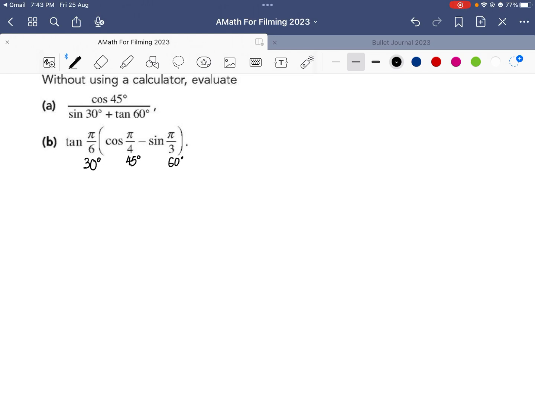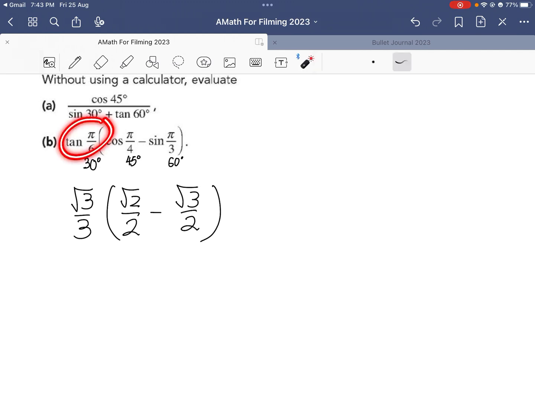Hence, for part B, if you want to find the tangent of 30 degrees, you need to actually remember this. Tangent of 30 degrees will give me square root 3 over 3. Cosine of 45 degrees is square root 2 over 2, minus sine of 60 degrees, which is square root 3 over 2.